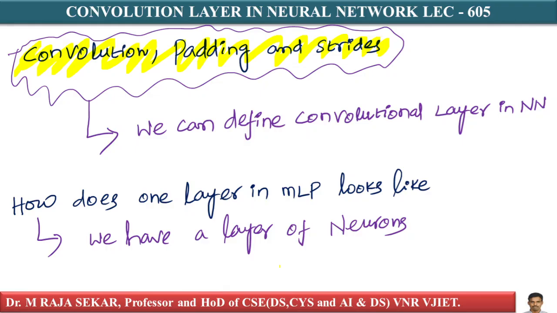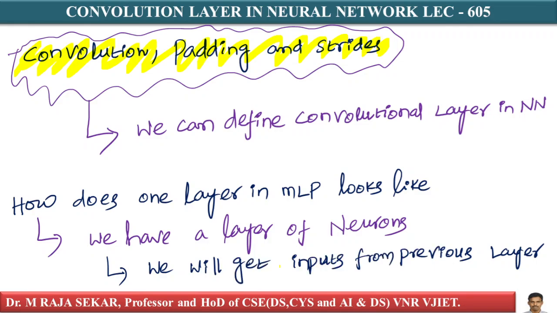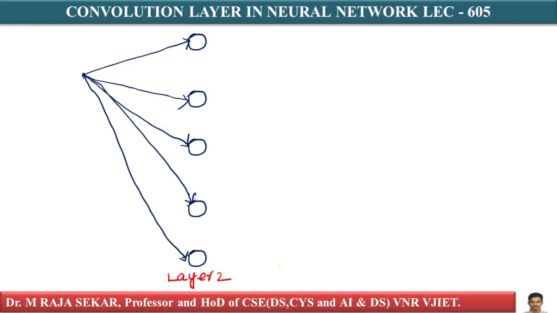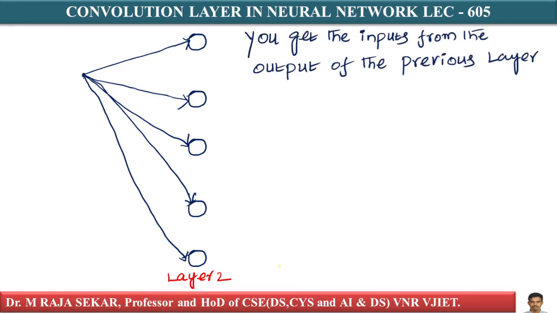Let's assume this is layer 2. It could be any layer. You get inputs from the output of the previous layer, isn't it?